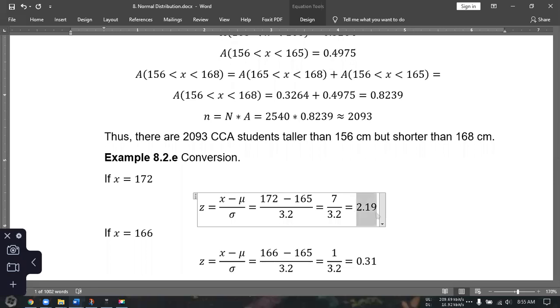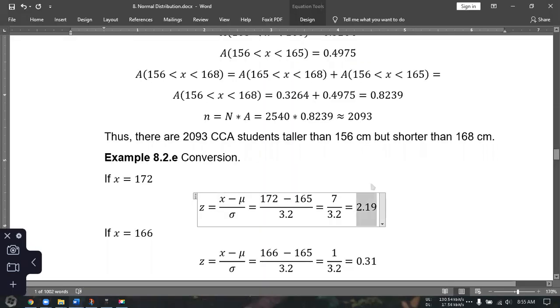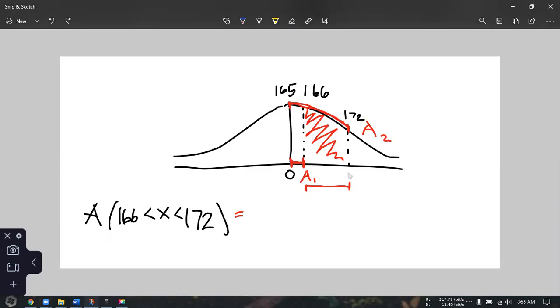Let's say 172, the z-score here is 2.19. The other one is 0.31. And using the z-scores, we found the area. Let's say the area from 165 to 166 is a sub 1. 165 to 172 is a sub 2.